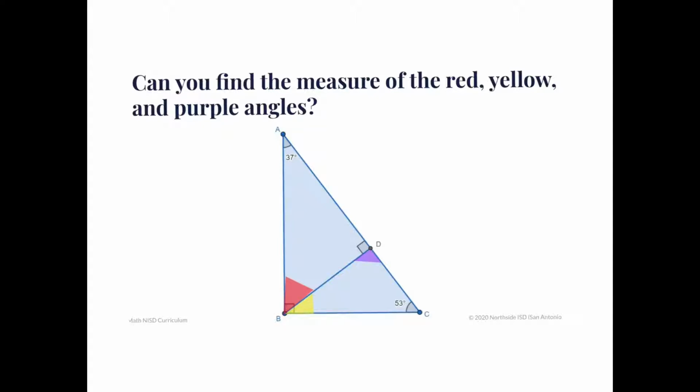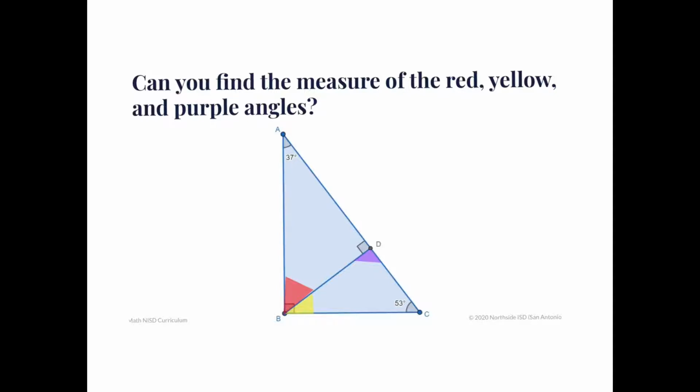Here's the hint: look at the bigger overall blue triangle, triangle ABC. Notice how angle A is 37 degrees and angle C is 53 degrees. Now I want you to try to find the measure of the red, yellow, and purple angles.